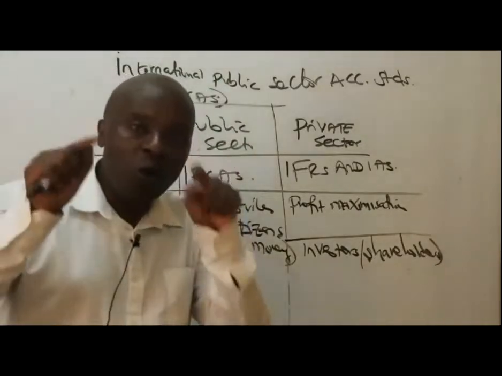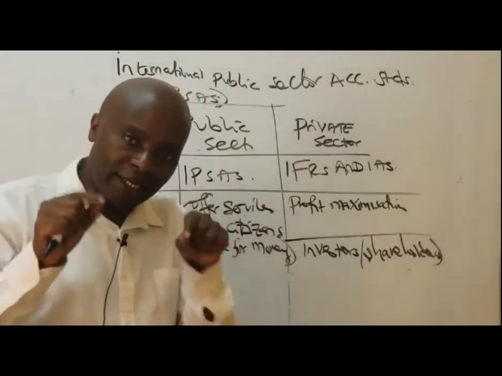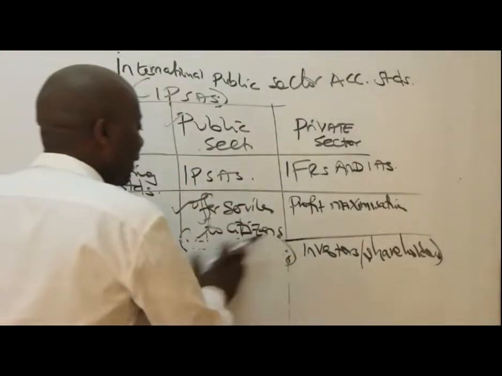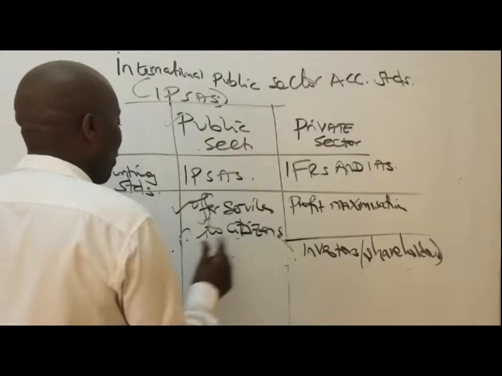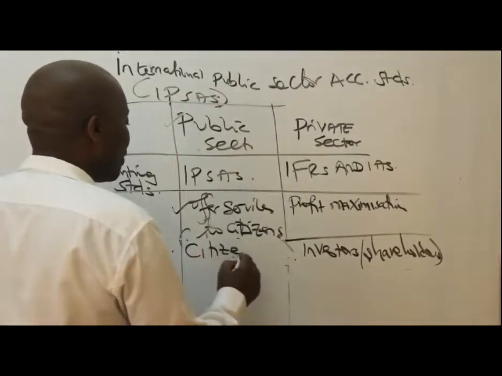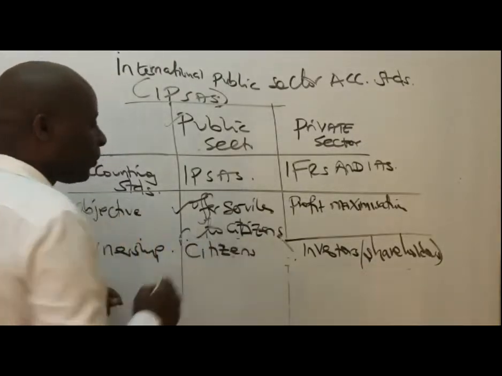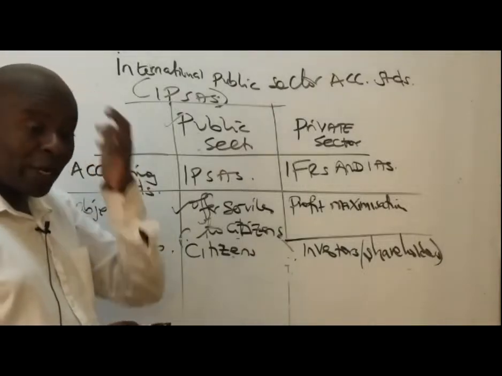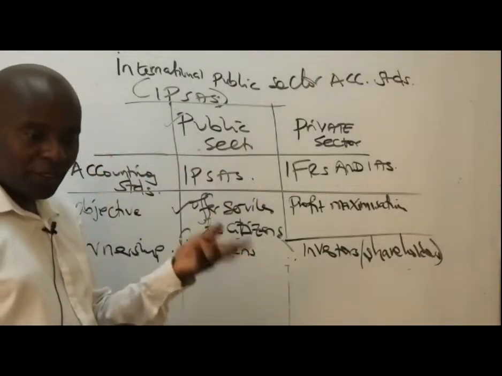You are the ones who own public entities. So, ladies and gentlemen, the public entities basically are owned by who? They're owned by citizens. Wananchi. They say wananchi are the owners of the country, citizens.